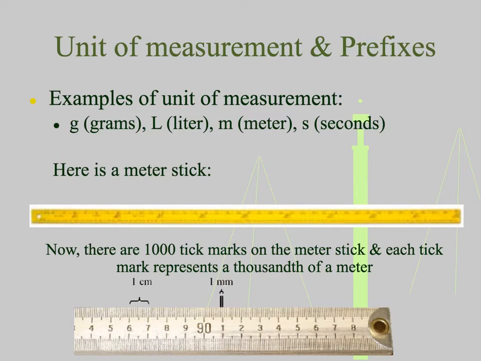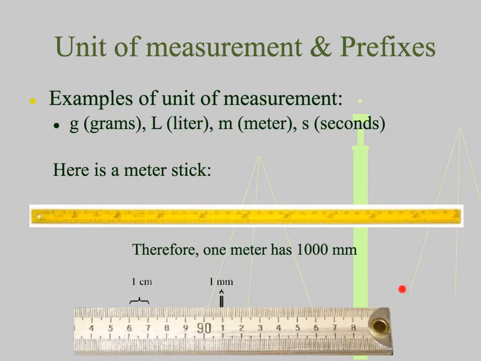If you notice, there are even smaller tick marks on here. These represent 1,000 tick marks on our meter stick, and each tick mark represents one thousandth of a meter. Instead of a centimeter, we will call it a millimeter. So for one whole meter, you have 1,000 millimeter marks.